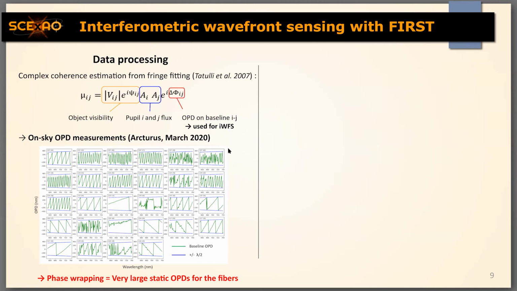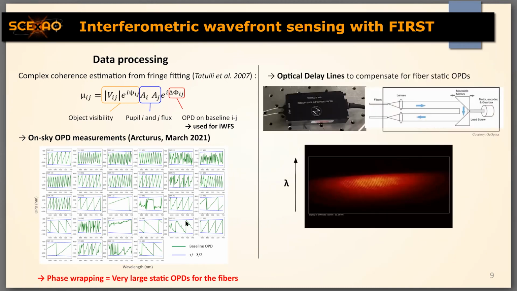Perfect, thank you. And so to compensate those very large OPDs, which between individual pairs of fibers can go up to 100 microns, and on top of that are vibrating and changing wildly with any sort of vibration of the structure holding the fibers, we added optical delay lines to compensate for that.